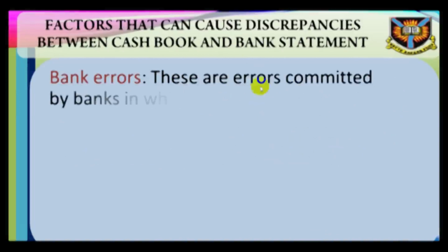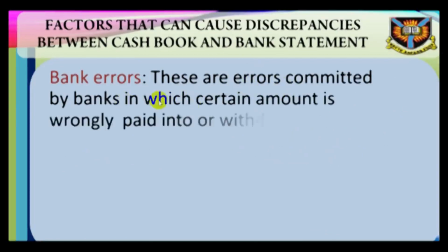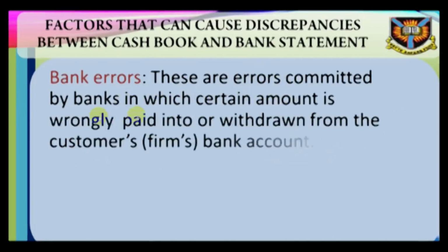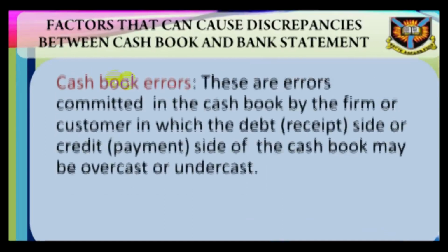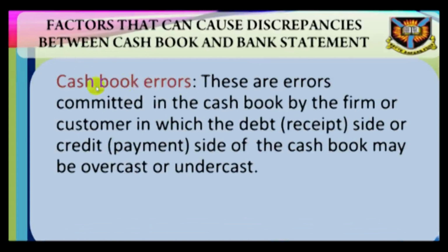These are errors committed by banks in which a certain amount is wrongly paid into or withdrawn from the customer's bank account. 9. Cash book errors. These are errors committed in the cash book by the firm or customer in which the debit side or credit side of the cash book may be overcast or undercast.